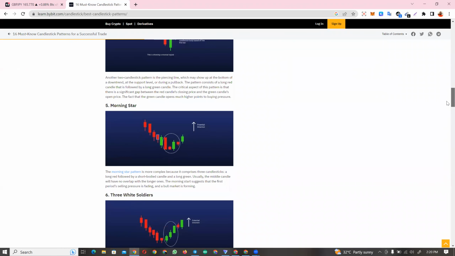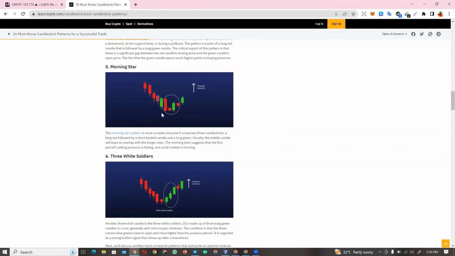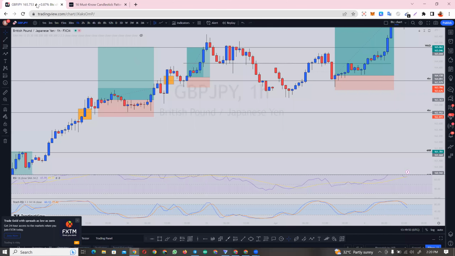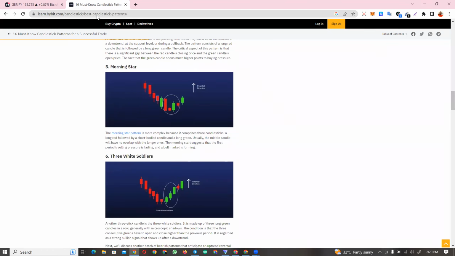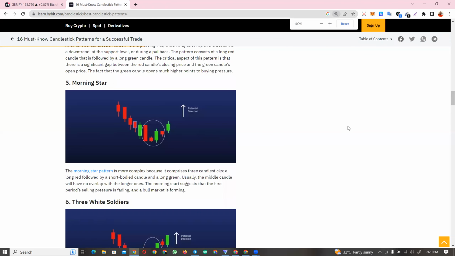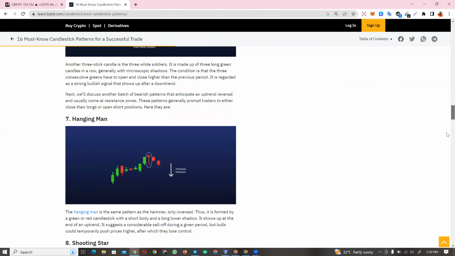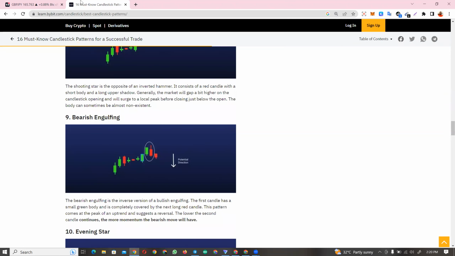The next candle is Morningstar. This is Morningstar candle. I showed you guys this candle before. We entered one trade here based off of Morningstar. This is supposed to be a hammer candle. Oh no, let me show you.